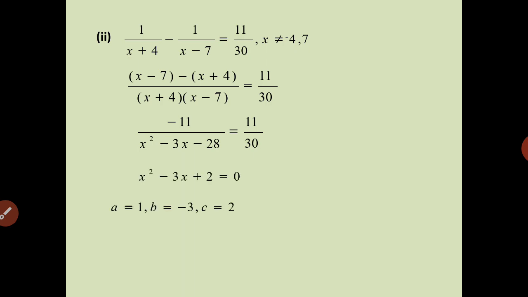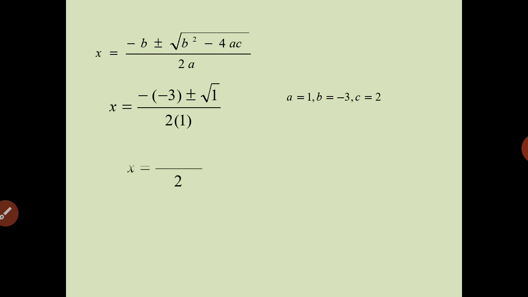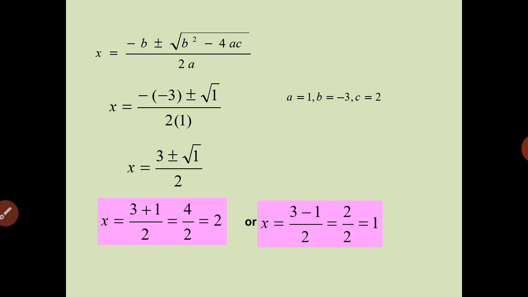When you solve it further, you get the equation x square minus 3x plus 2 equal to 0. Write down A, B, C. Find out the discriminant. Here the discriminant is 1. Substitute the values in the formula and get your answer. So it is so easy. You just have to remember the formula and the work is done.